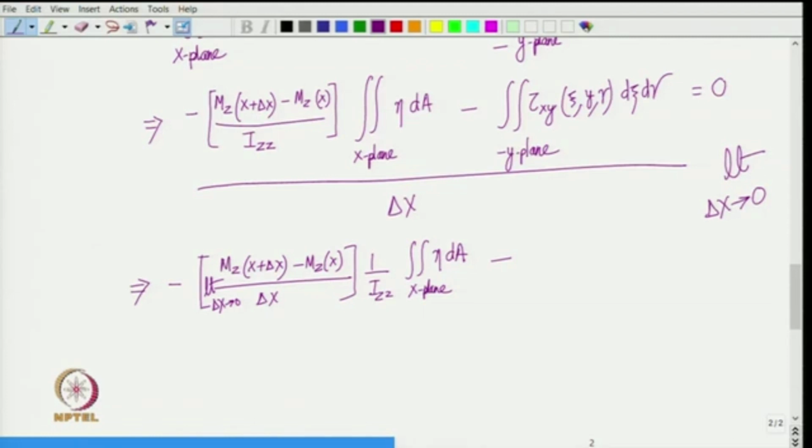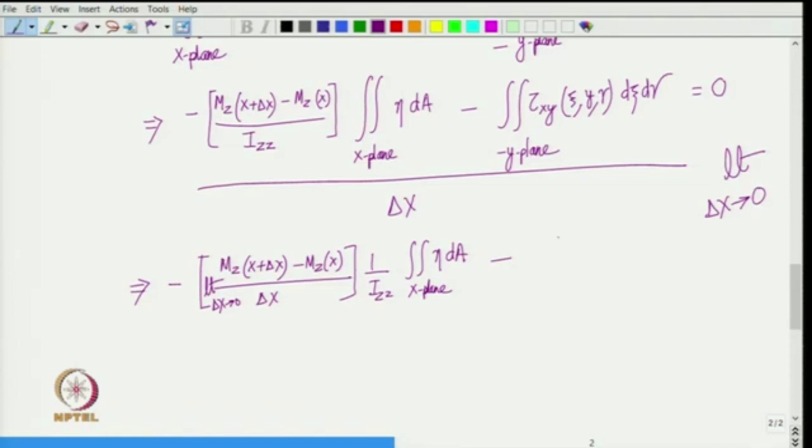So, that means tau x y is only a function of zeta and y now, okay. It is not a function of gamma. So, in that case we can work out the gamma integral, because tau x y is going to act as a constant, and when you do the gamma integral you simply get the width of the cross section, right.